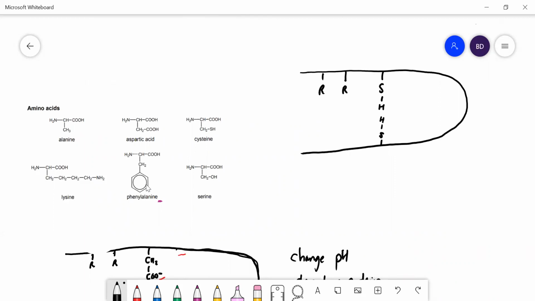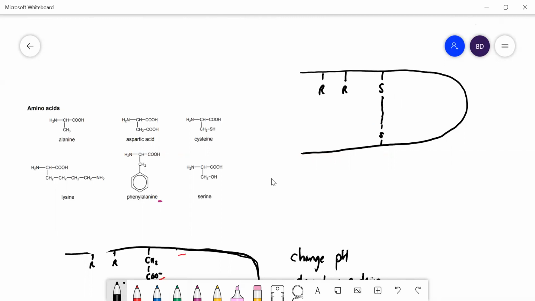there's an enzyme which will oxidize this. It will remove those two hydrogens, and what happens is that you form a covalent bond between those two sulfurs, and that holds the protein in that configuration.